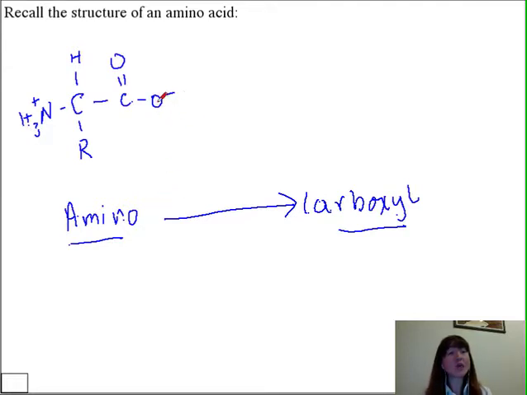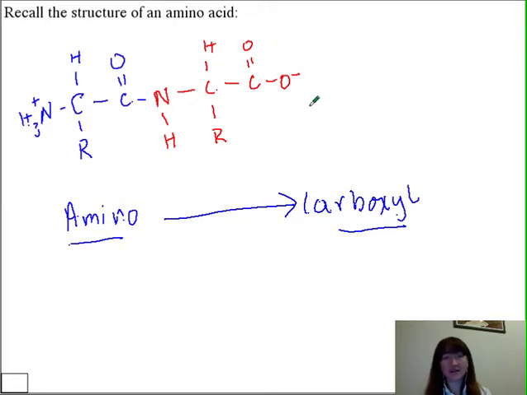So let's just take a note that when a new peptide bond is formed and a new amino acid is added on to this existing amino acid, let's draw that out and recognize that now, building from the open carboxyl, a new amino acid can be added in this chain. So now we clearly have a dipeptide. But once again, another amino acid could get added onto that open carboxyl end.